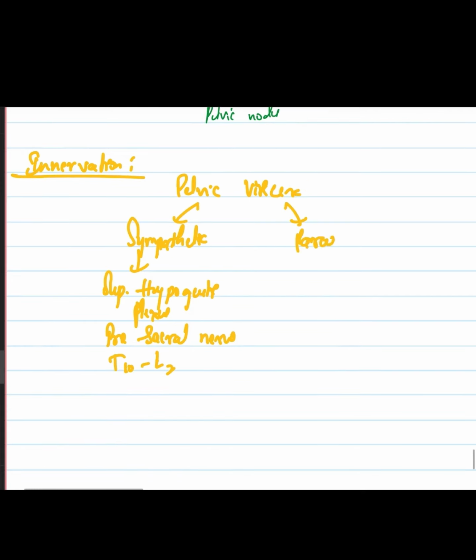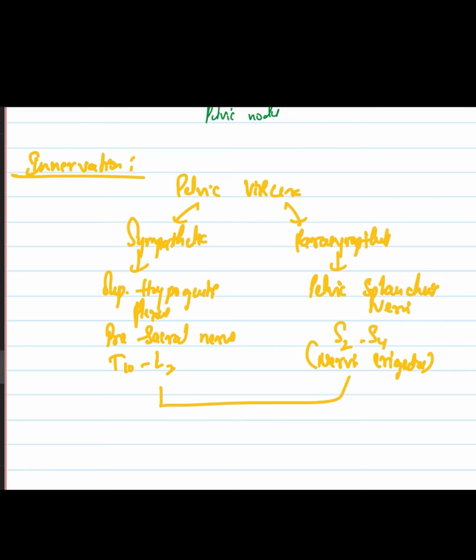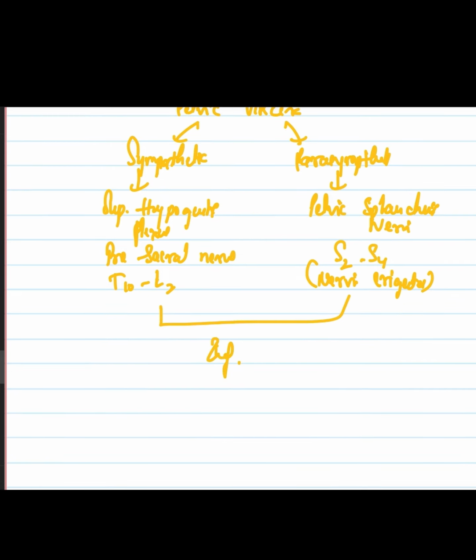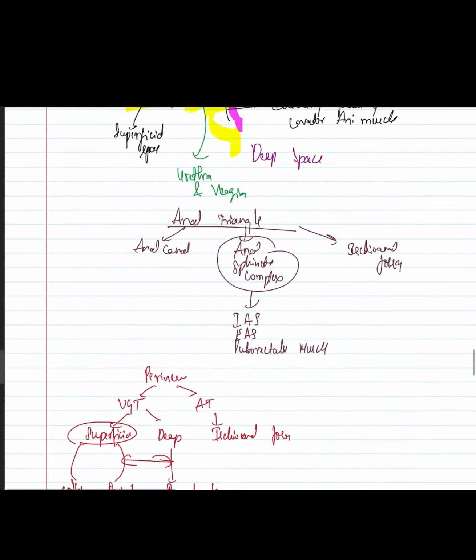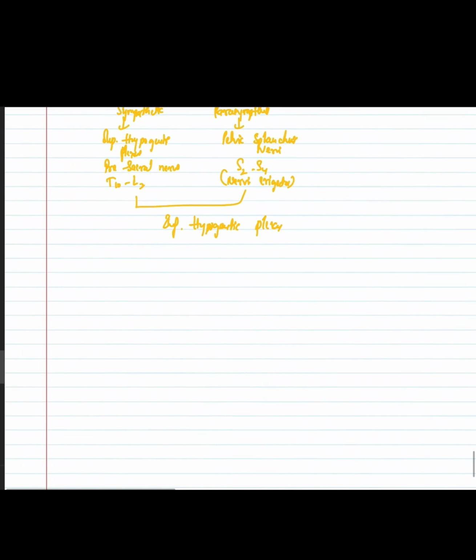And parasympathetic is the pelvic splanchnic nerve, S2 to S4. This is also known as nervi erigentes. Both of these go to the inferior hypogastric plexus. Okay, this was about the anatomy of the uterus in brief.